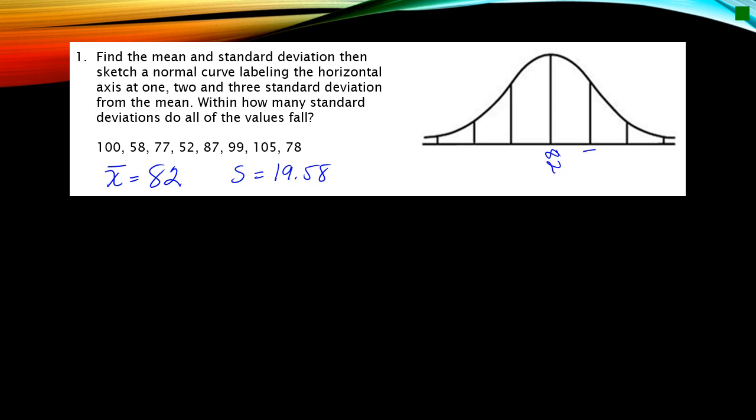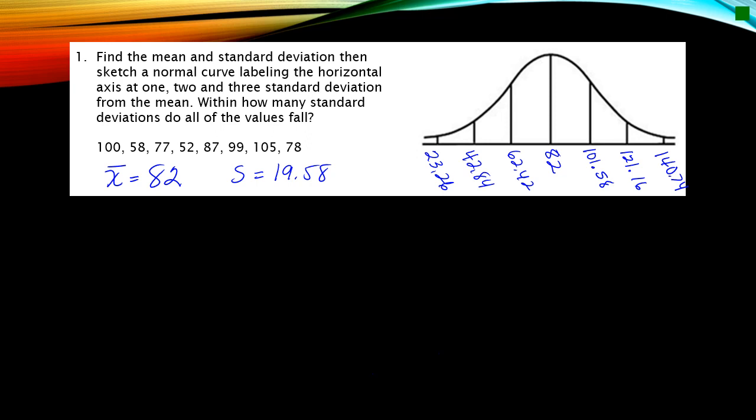So I'm going to have 101.58, 121.16, and 140.74. And then going to the left, I would have 62.42, 42.84, and 23.26.